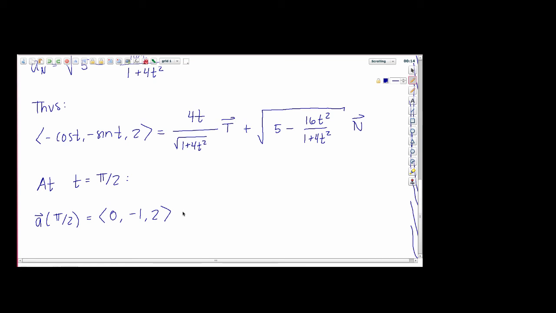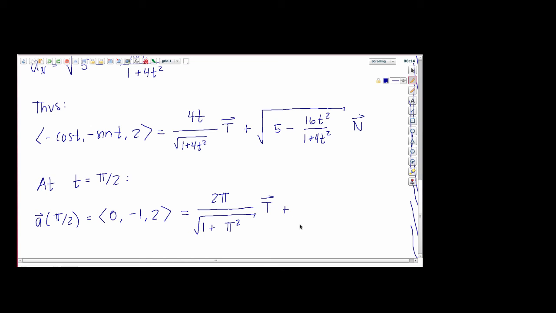And plugging in for our tangential component, I get 4 times pi over 2. So that's going to be a 2 pi in the numerator over square root of 1 plus 4 times pi squared over 4. Multiplying that by 4 gives us pi squared in the denominator. So we have 2 pi over square root of 1 plus pi squared times the unit tangent vector.